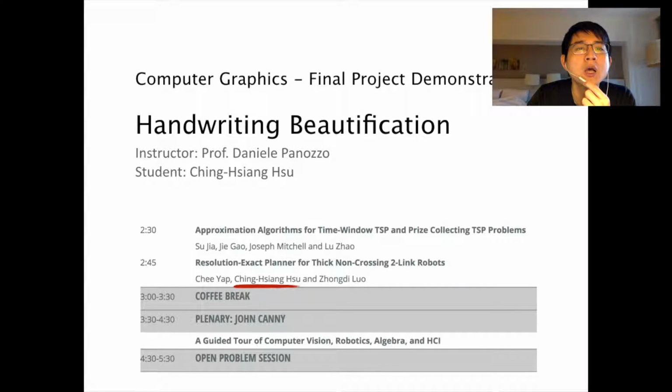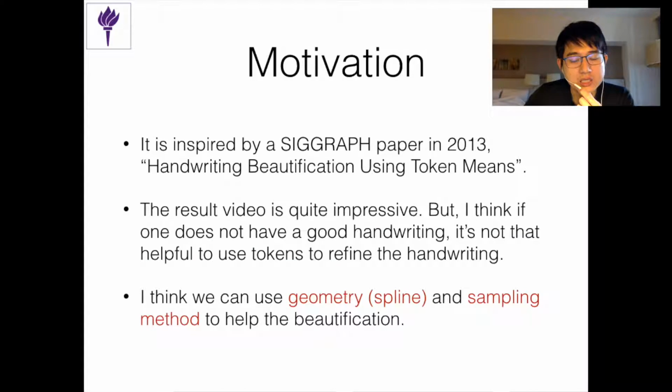Okay, never mind. My motivation for this final project is inspired by a SIGGRAPH paper in 2013, and the topic is handwriting beautification using token means. The online video is very impressive. But I think if a person cannot give a good handwriting, it's not that helpful to use tokens to refine the handwriting.